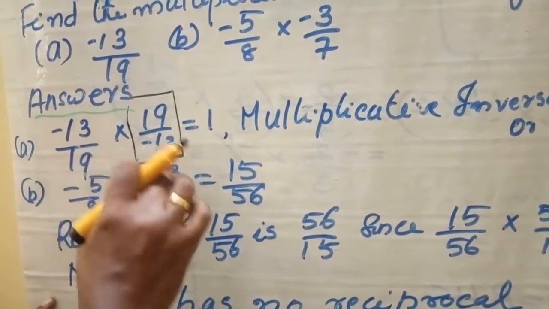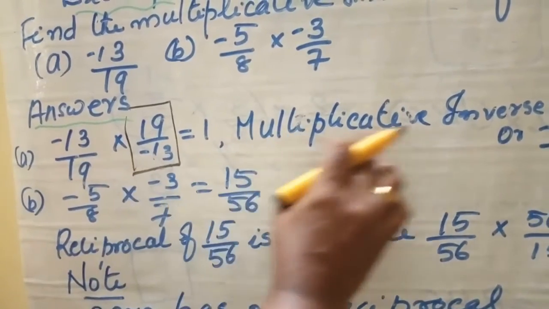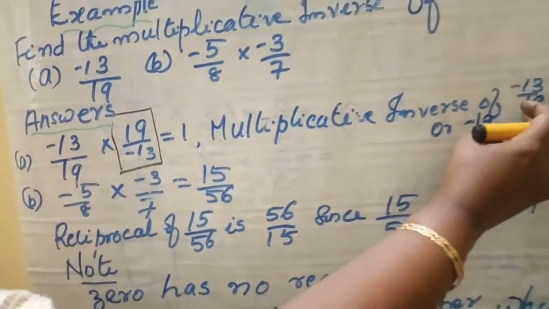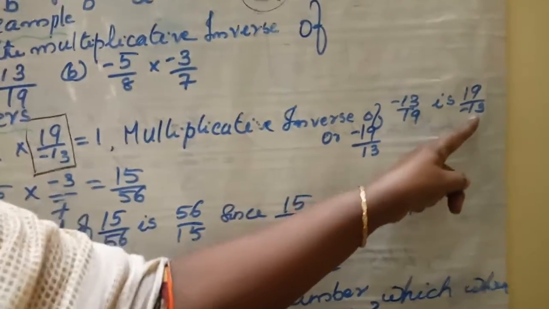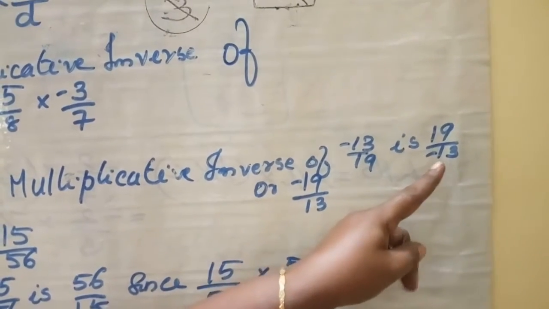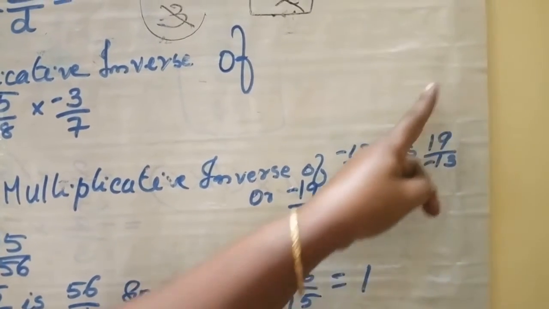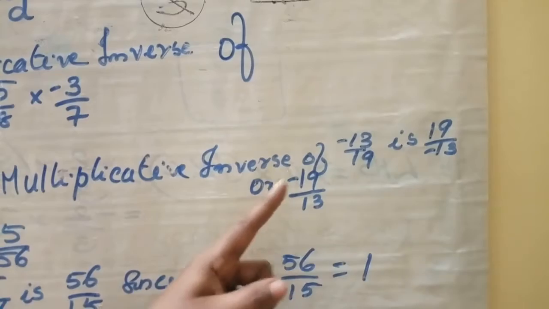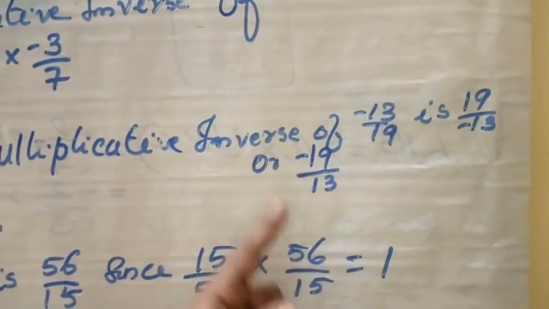So we can say that 19 by minus 13 is the reciprocal or multiplicative inverse of minus 13 by 19. But we know that this 19 by minus 13 means minus 19 by 13, where this minus is coming in the denominator. So we multiply numerator and denominator by minus 1. Already you learned. What is the result? Minus 19 by 13. So this is the final answer.